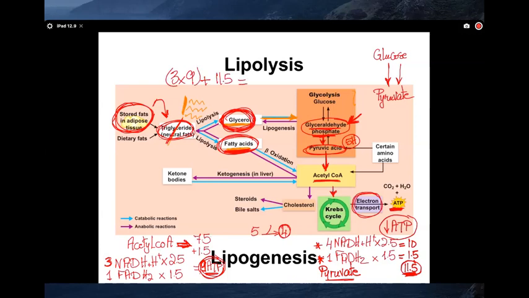So what's going to be the number on here? 27 plus 11.5 is going to be 38.5. Exactly. All right, so you see on here, fats are going to be yielding much more energy than carbs.